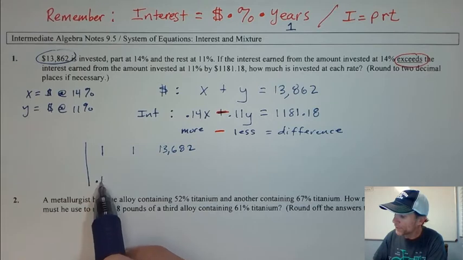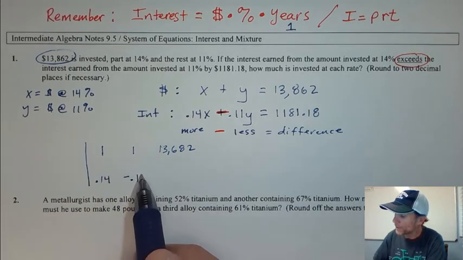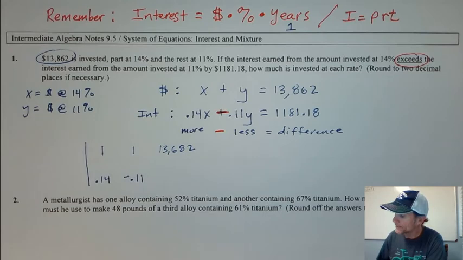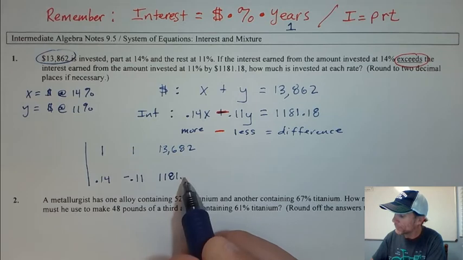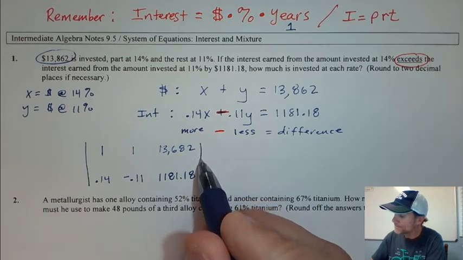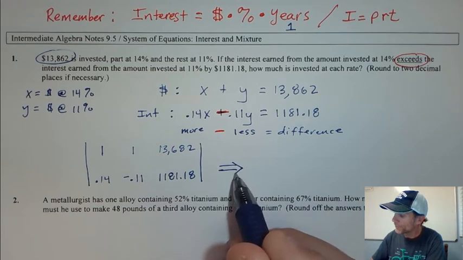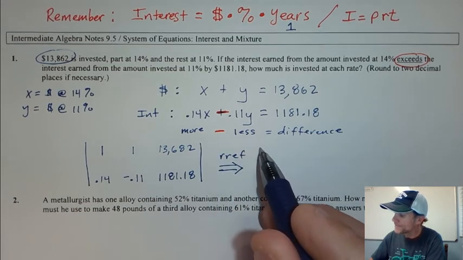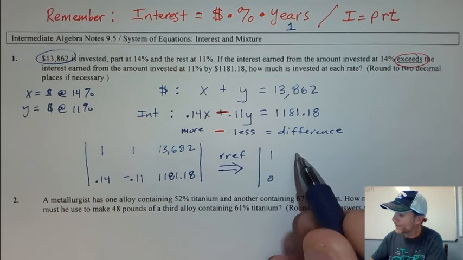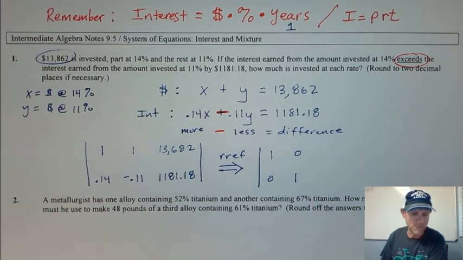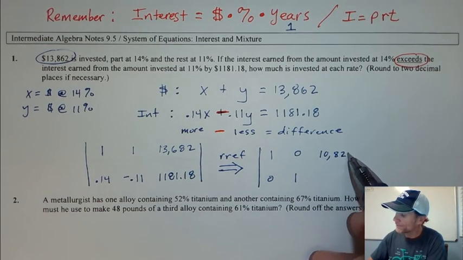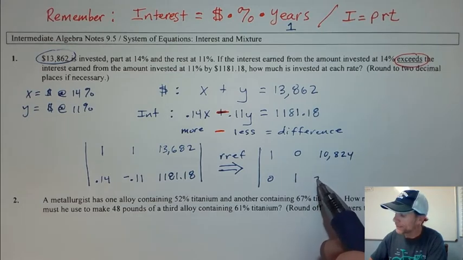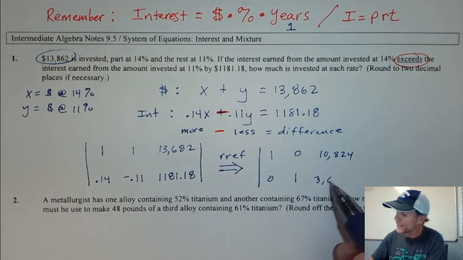Okay. So what I have for my matrix then is 1, 1, 13,862, 0.14, minus 0.11, or minus 11 hundredths, and then 1,181.18. After we perform an RREF on this, again, we'll see our familiar looking 1, 0 and 0, 1, and I get 10,824 and 3,038.